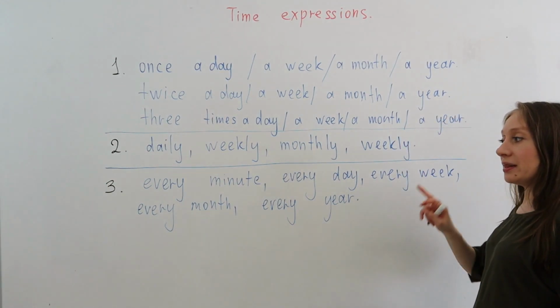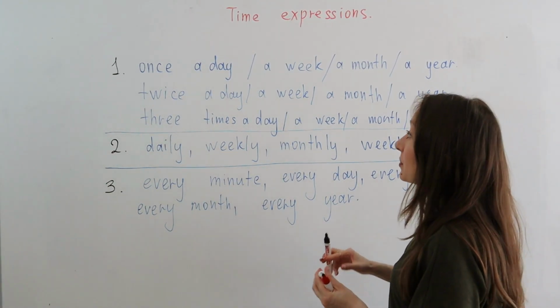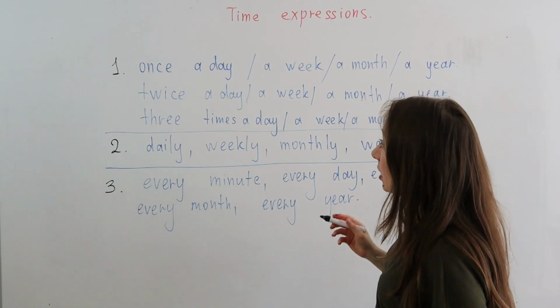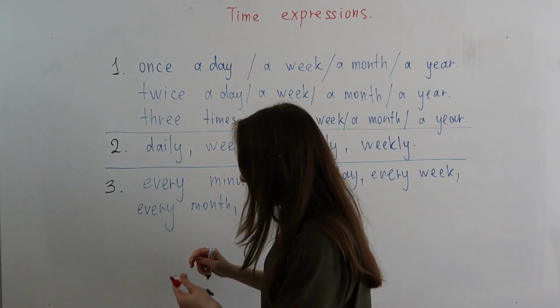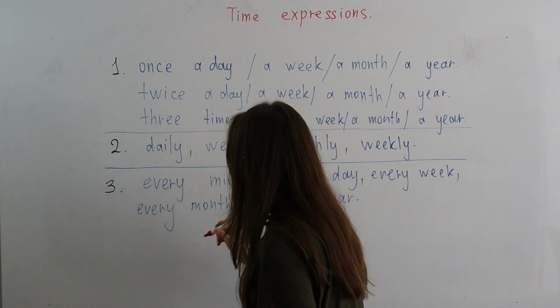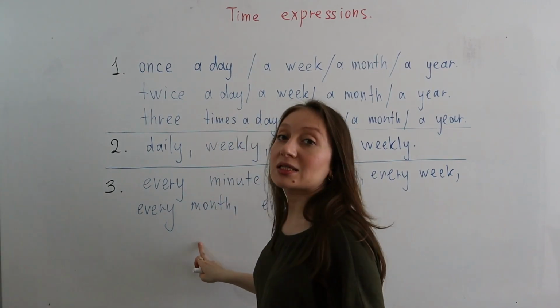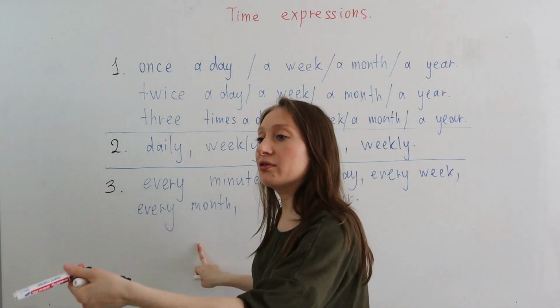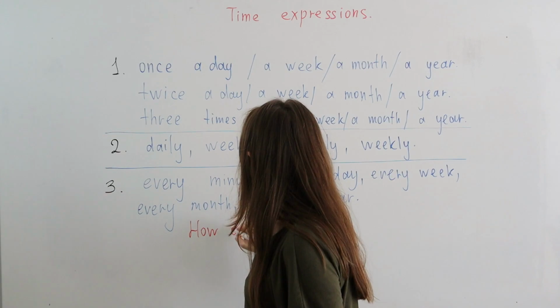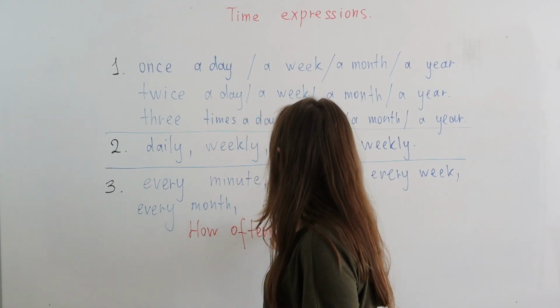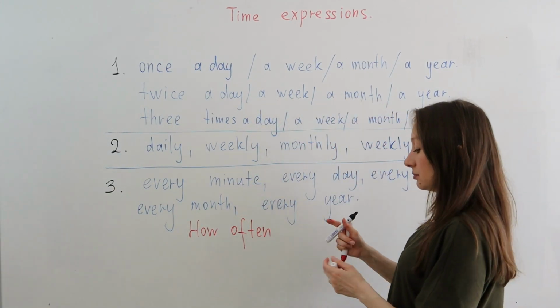So, for example, let's now make some sentences. Let's write the question right away. We know when we want to ask about frequency or how often we do something, we use how often. Special question. How often?